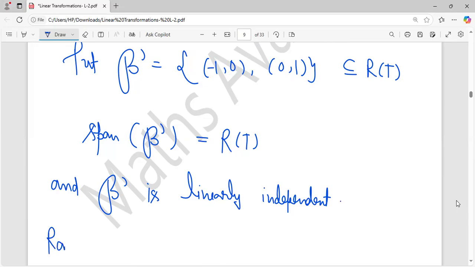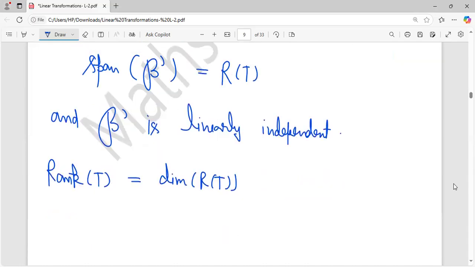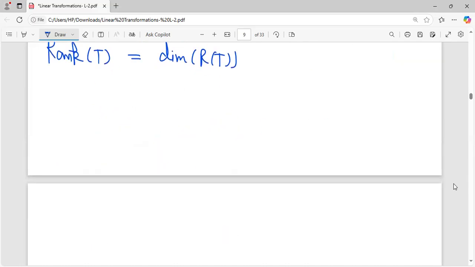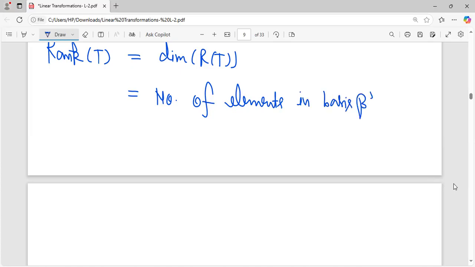So the rank of T is equal to the dimension of the range of T, which is equal to the number of elements in basis B dash of the range of T. That is equal to 2. So this is the answer.